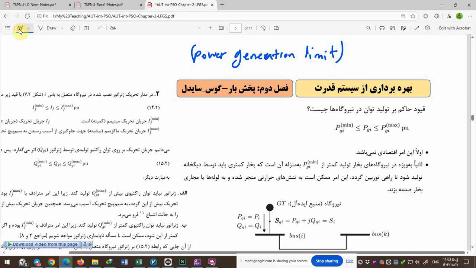One of the limitations of power in a power plant or generator is this equation.